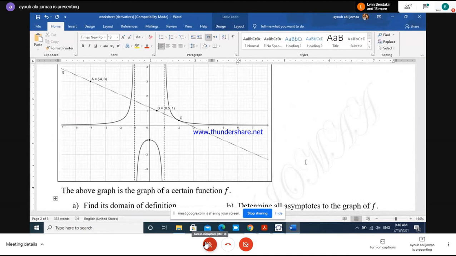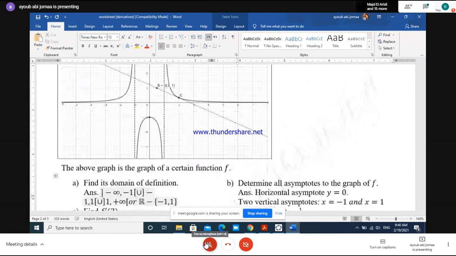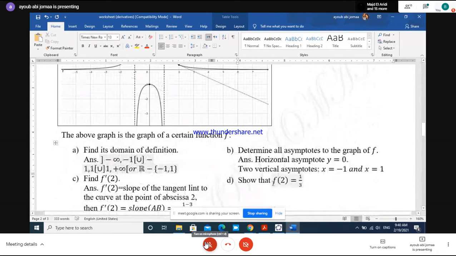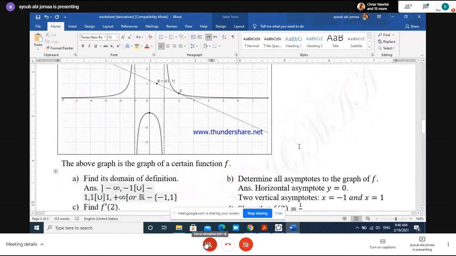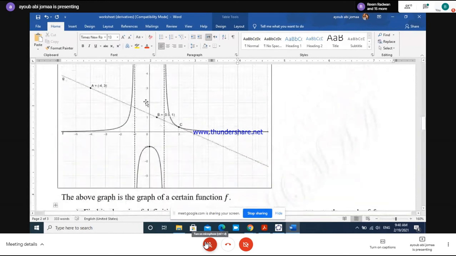Good. طيب part D, show that f of 2 is equal to 1/3. كمان ما عندنا الفانكشن ما حتيجي اعمل replace يعني if you are given for example f of x is equal to x plus 1 over 5x squared plus 3 اوكي f of 2 replace x by 2 خلصنا. Right.